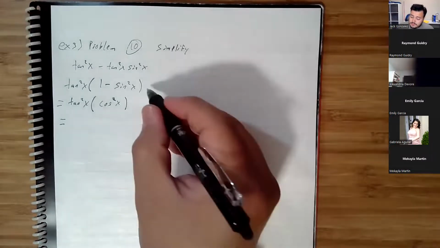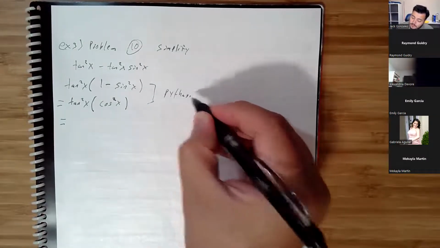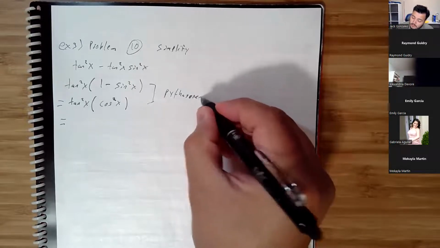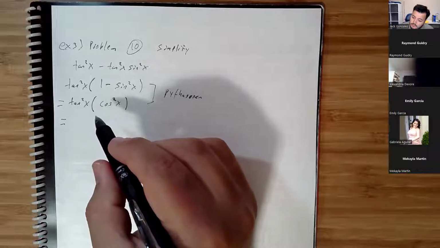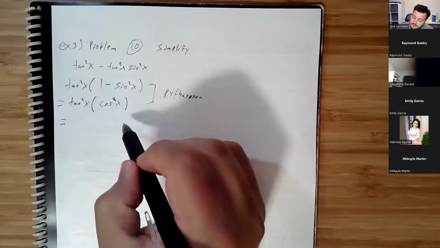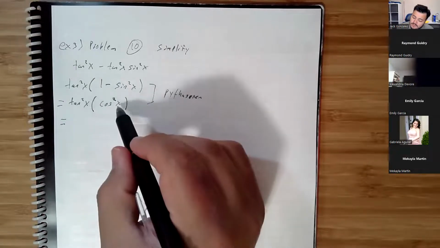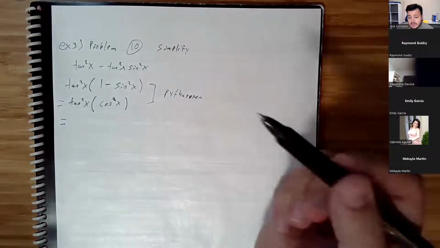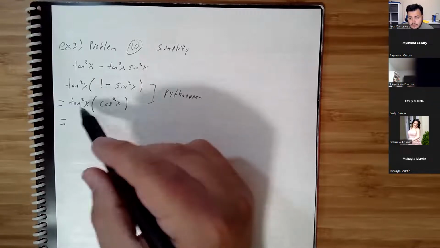Then we have to remember, right here we did Pythagorean. Tan squared, cosine squared. So when I see this, I think, okay, maybe I should change tangent, because that is a ratio, a quotient.